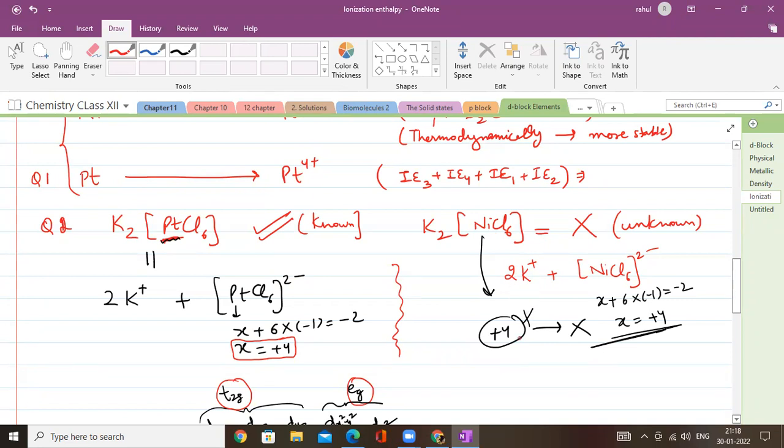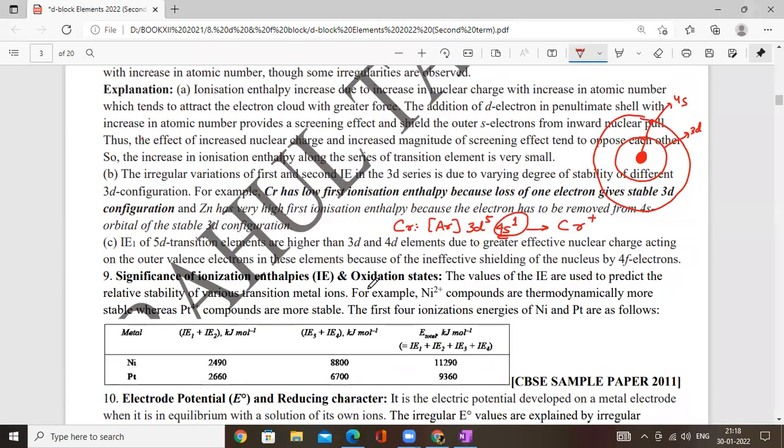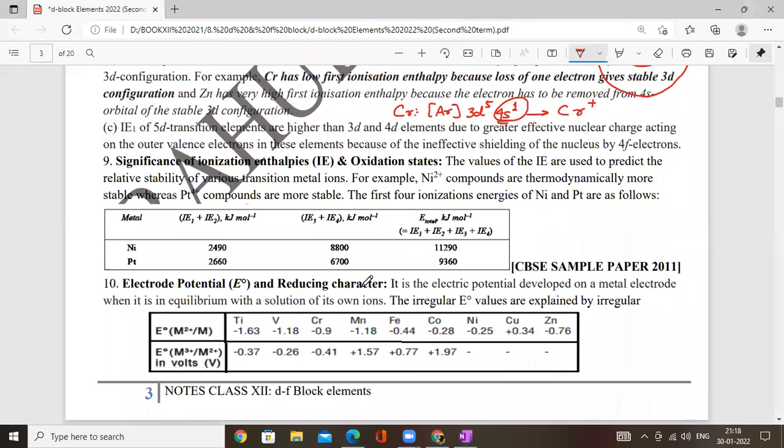Similarly, nickel also will have a plus 4 oxidation state over here. But conversion of nickel to plus 4 is very difficult. That's why this compound is known to us and this is unknown. So this is the concept of the significance of ionization enthalpy and oxidation state.